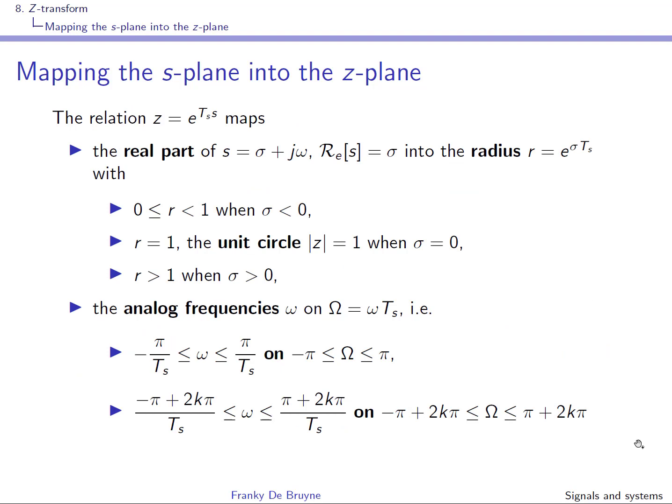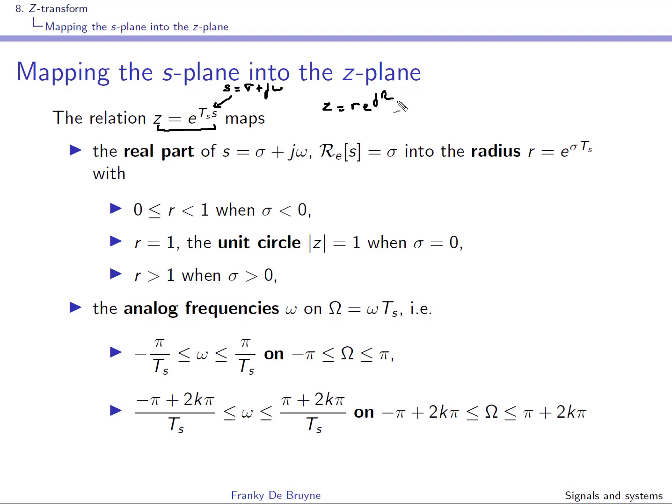The relation between the s plane and the z plane is obtained from this relation. If you plug in s equal to sigma plus j omega, we have seen that you can write z as r exponential of j omega.